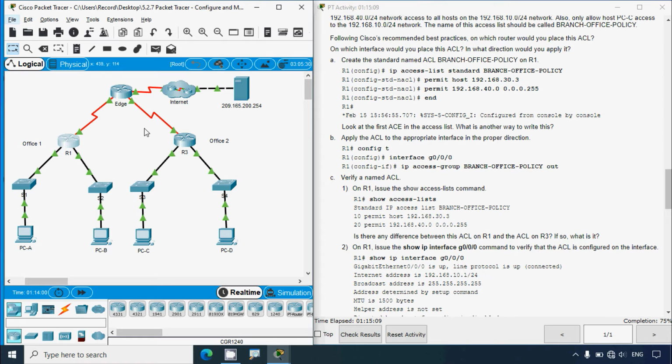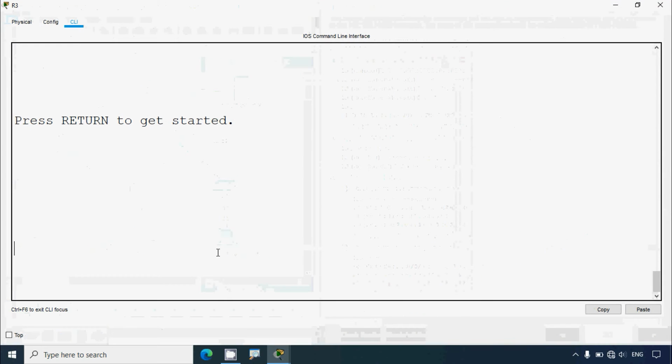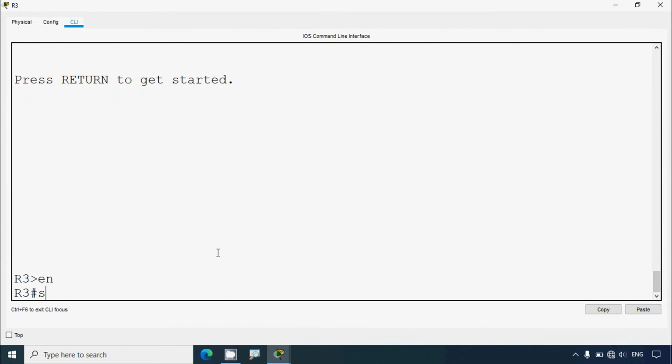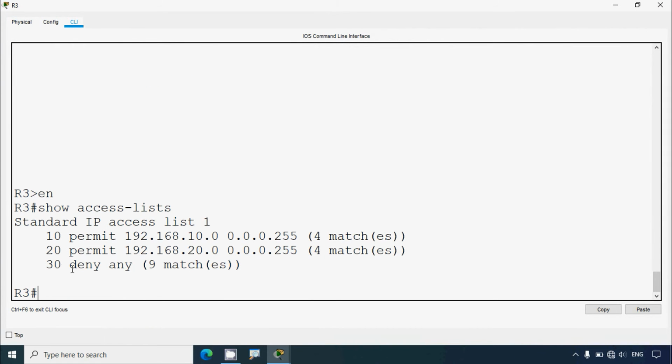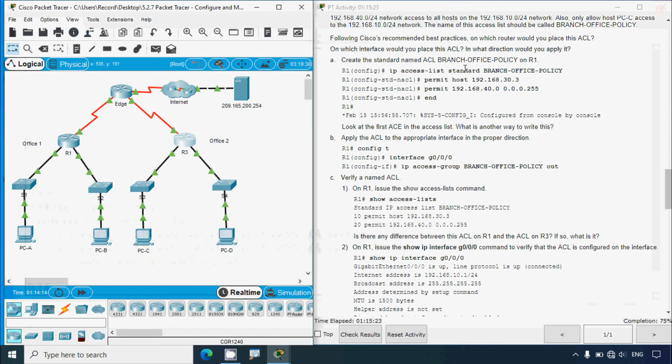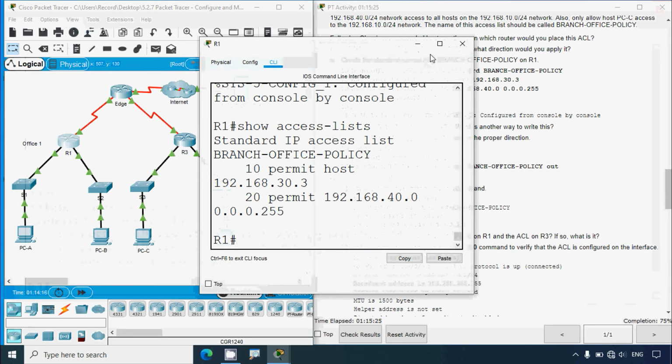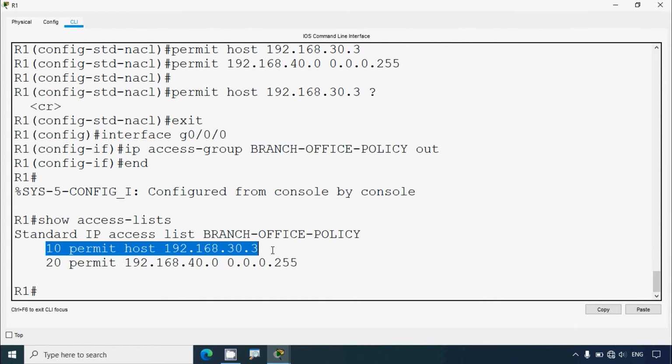Yeah, we have seen, let me show. In R3 we have 3 lines, show access-list. Here we can see the third line, 30 deny any, and we did not give this line here. And here we can see only 10 and 20, 2 lines.